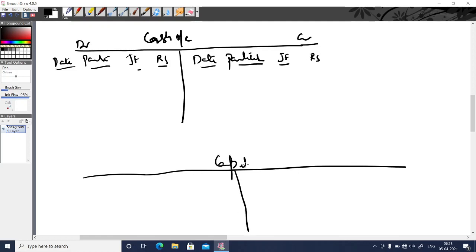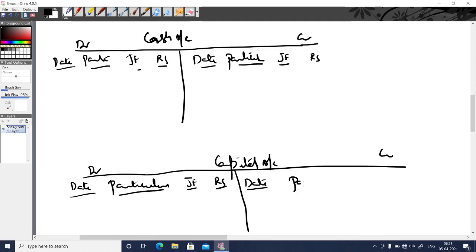This is my capital account, debit, credit. I have again the same columns: date column, particulars, JF number, rupees, date, particulars, JF number, rupees.